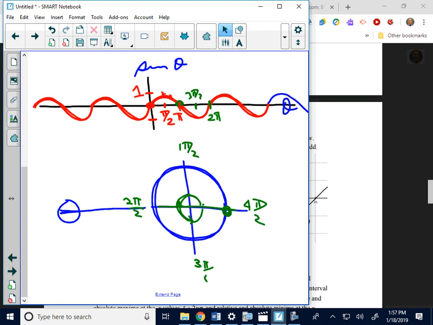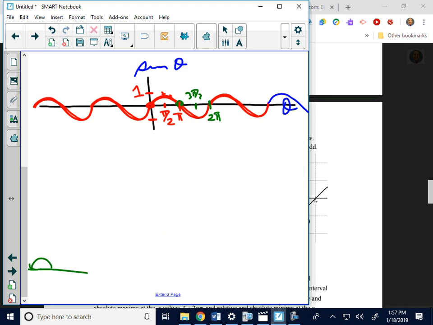This repetition every 2 pi is called the period. One of the most complicated things when you look in your book, and I do want you to read your book, the author wrote it for a reason. He says the period of the sine function is 2 pi.